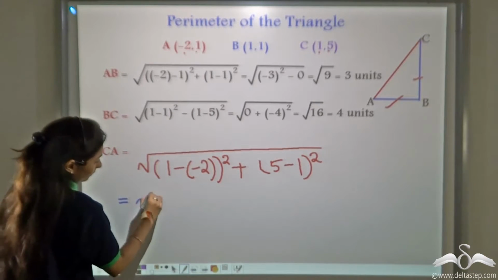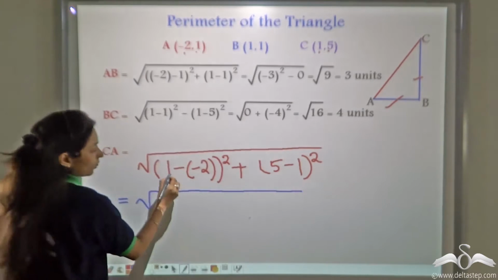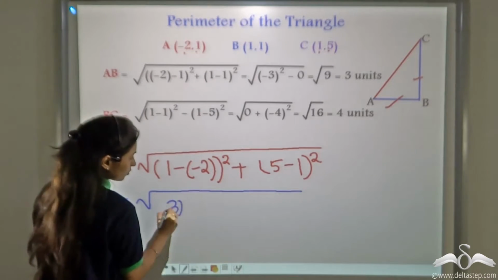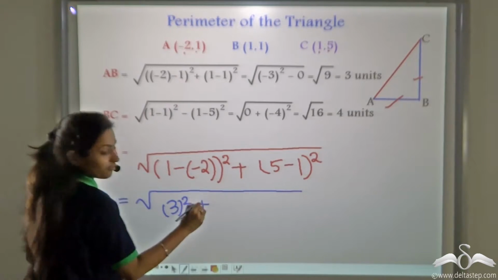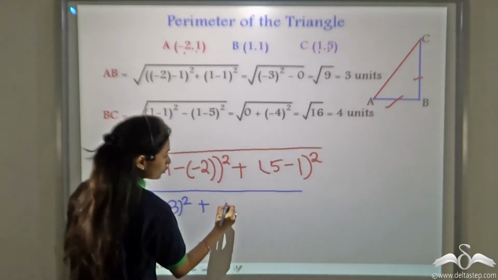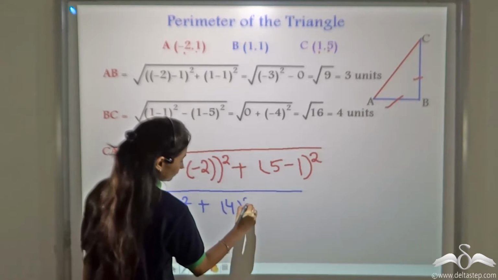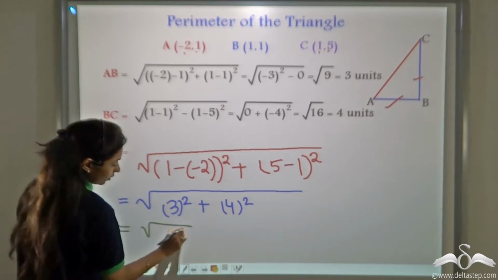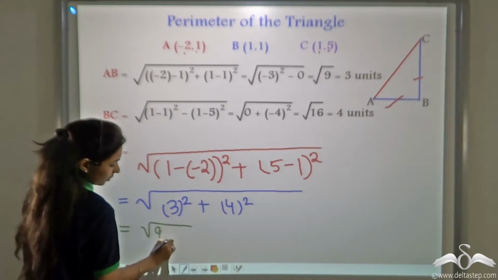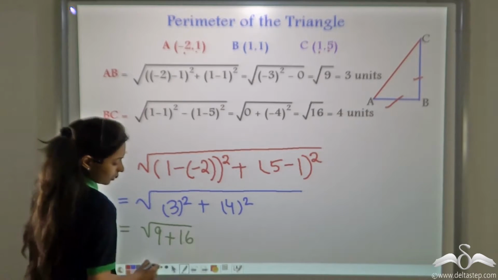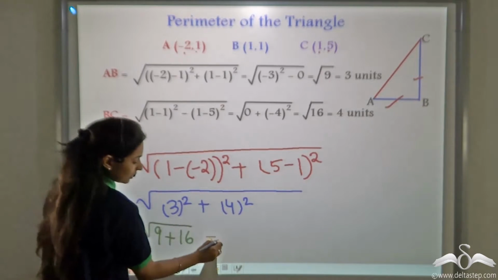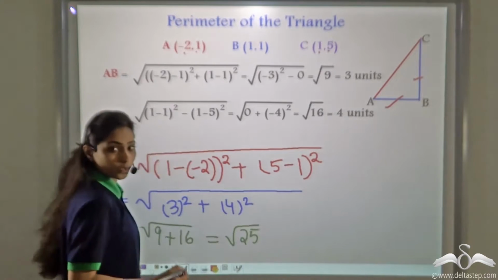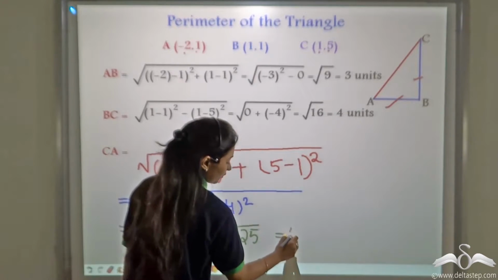This will give us what? 1 minus minus 2 is 1 plus 2, that is 3. 3 whole square plus 5 minus 1 is 4, 4 whole square. Now this will give us root over 3 square is 9 plus 4 square is 16. Now 9 plus 16 is 25. So what is root over 25? It is 5 units.